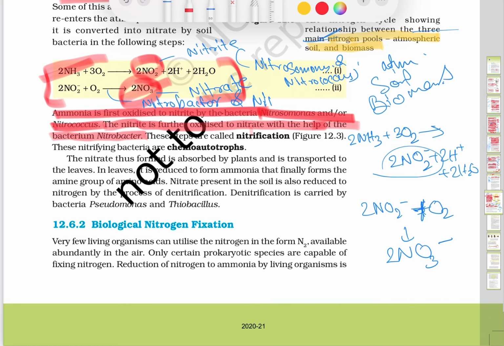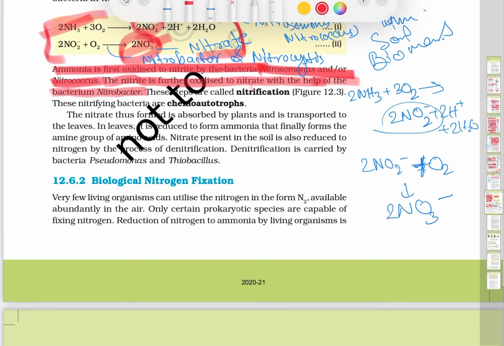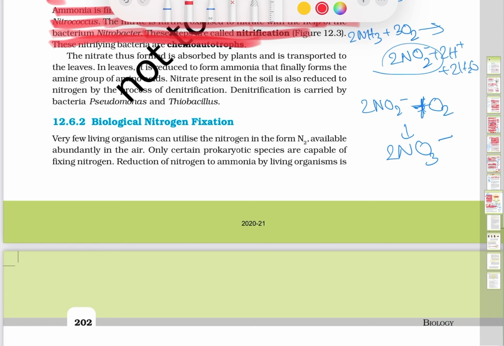These steps are called nitrification. These nitrifying bacteria are called chemoautotrophs. Nitrate is absorbed by plants and transported to the leaves. There it is reduced to form ammonia, and finally forms the amine group of amino acids. Nitrate present in soil is also reduced to nitrogen by the process of denitrification.